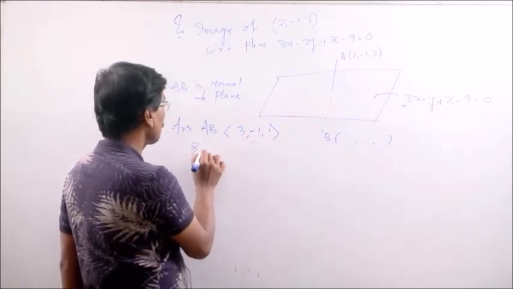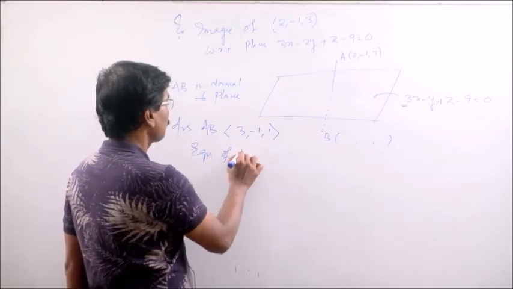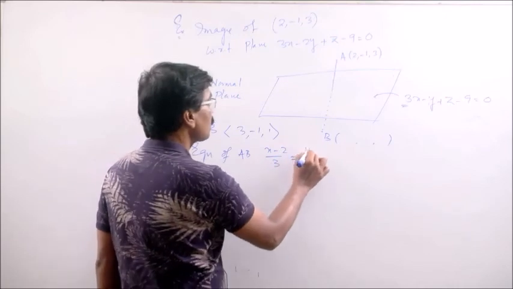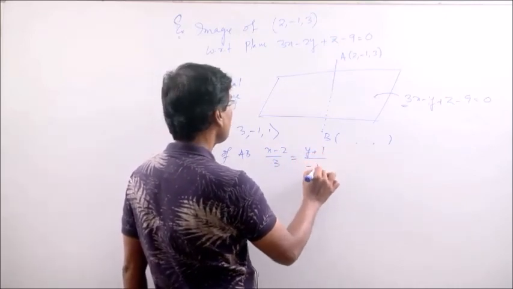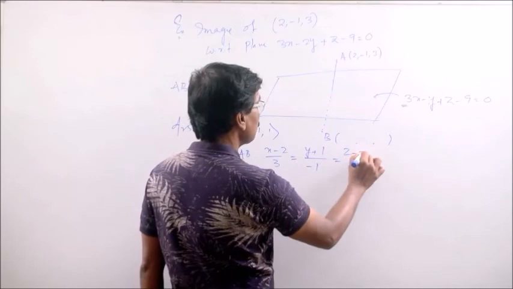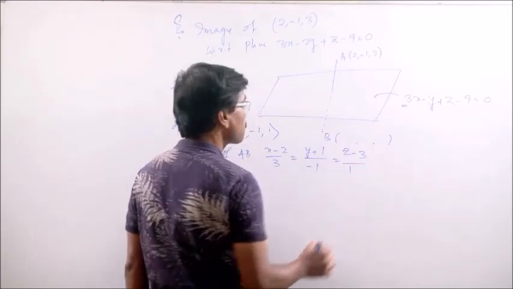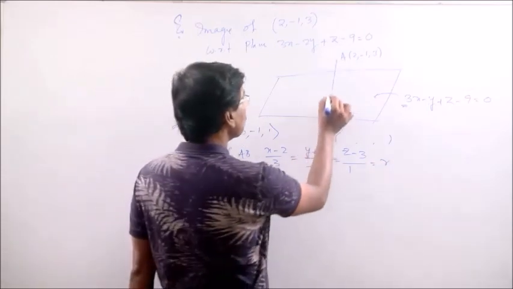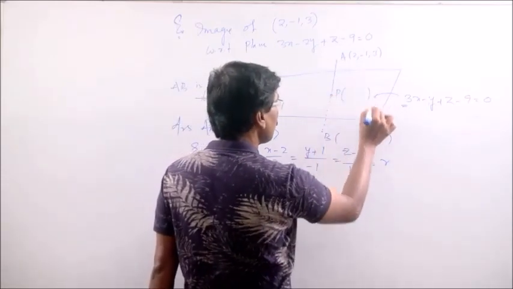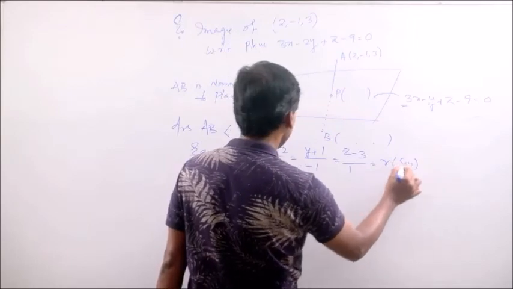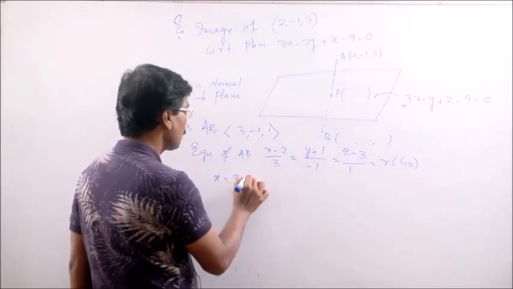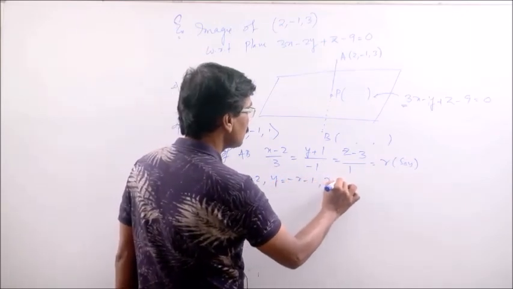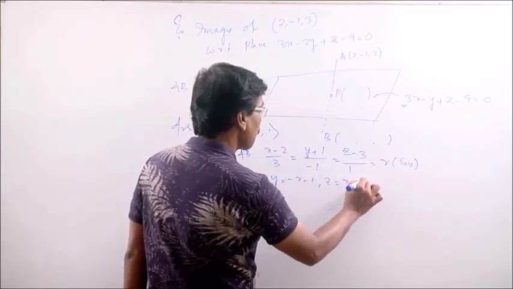So, equation of AB is (x minus 2) by 3 is equal to (y plus 1) by minus 1 is equal to (z minus 3) by 1. Suppose this is equal to r, then the point P, their intersection point, is x is equal to 3r plus 2, y is minus r minus 1, z is equal to r plus 3.